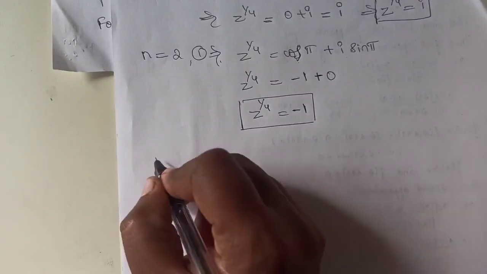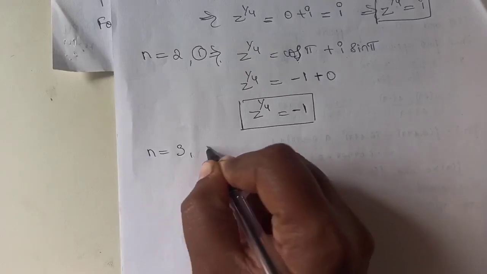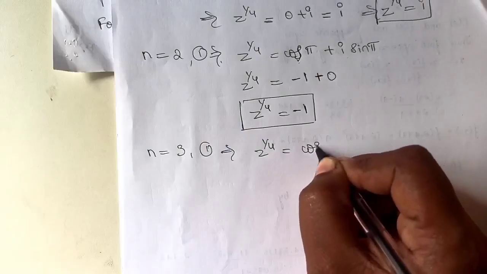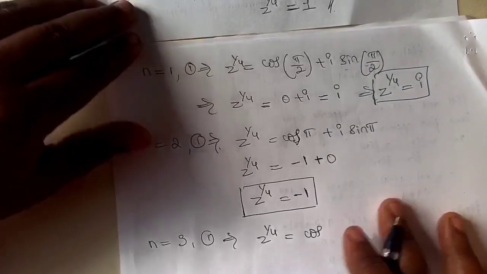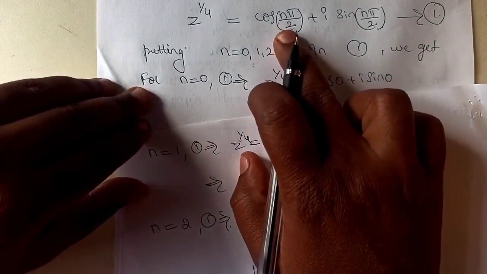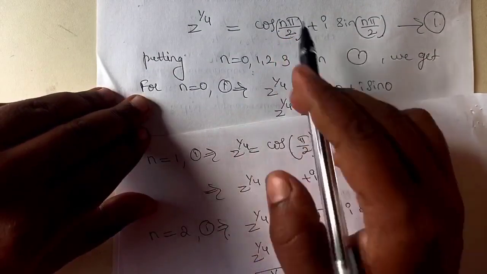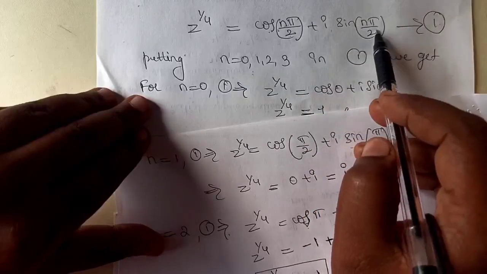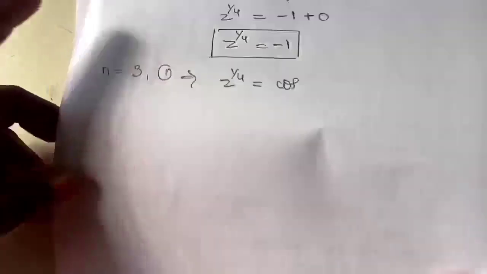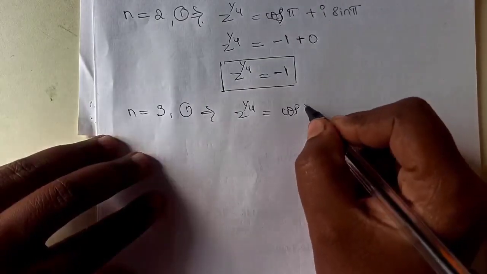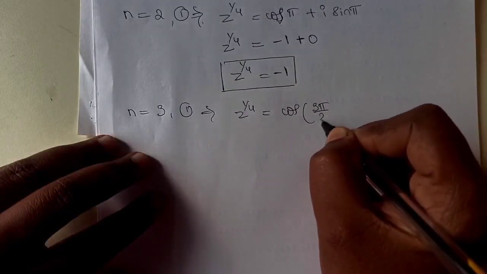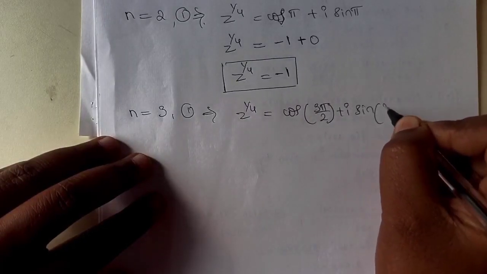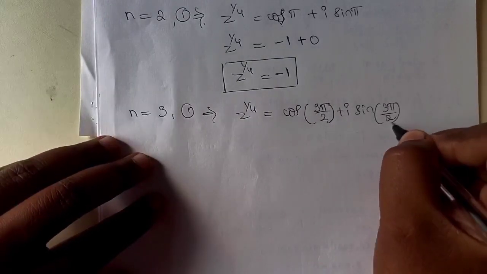Next, for n equals 3, equation 1 implies that z power 1 by 4 equals, substituting n equals 3 in equation 1, we get cos 3 pi by 2 plus i sin 3 pi by 2.